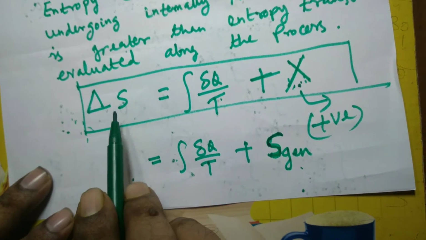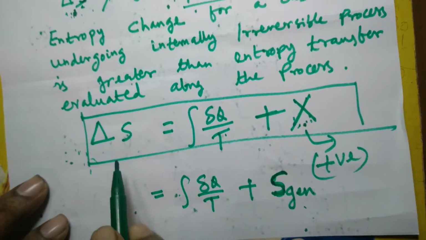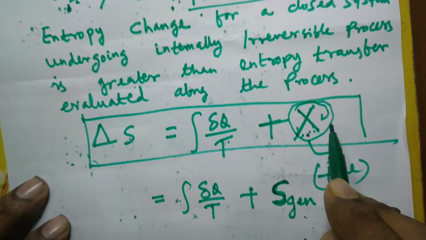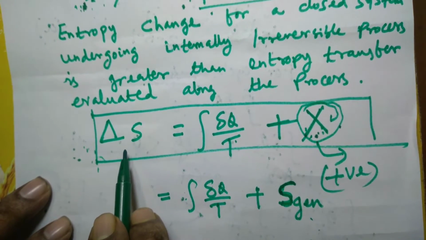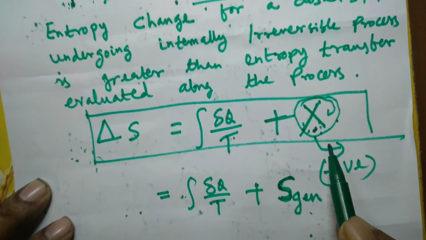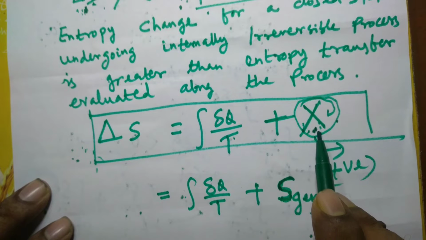If this process had been reversible, this term would have been absent. Only if the process is irreversible does this x come into the picture, and it is always positive for an irreversible process.